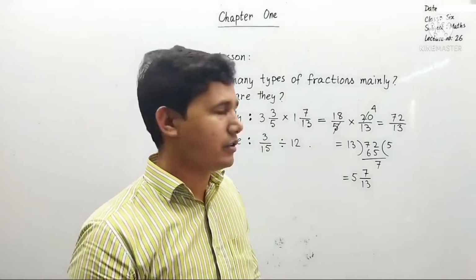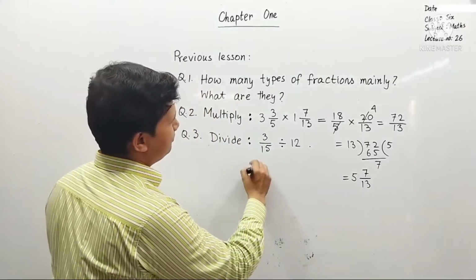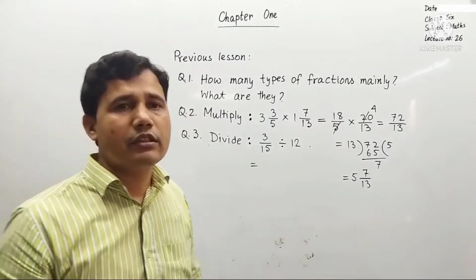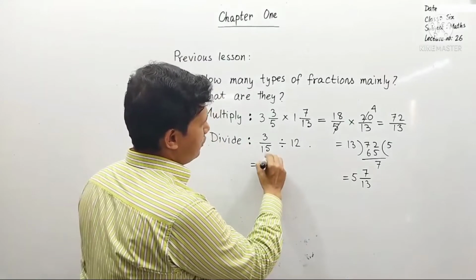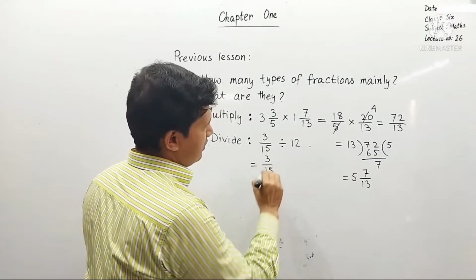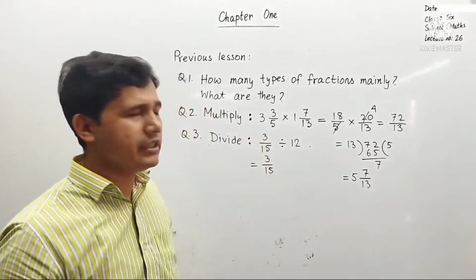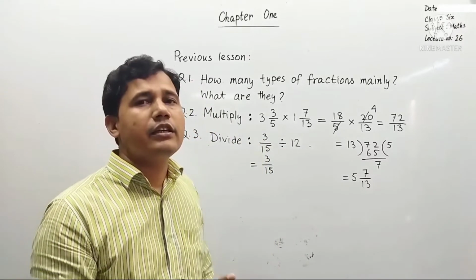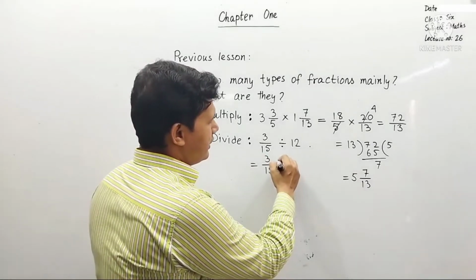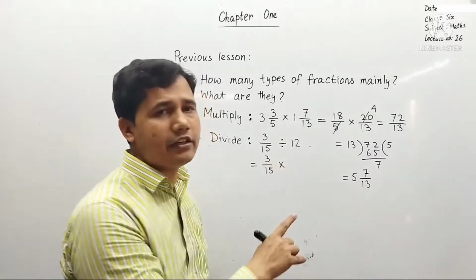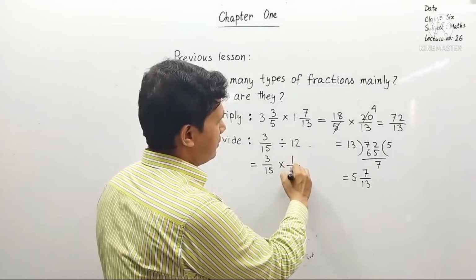Okay, good. Then division. Question number 3. You will match with me. At first 3 by 15. Instead of this division sign, you will write its reciprocal. Its reciprocal is multiplication, and the reciprocal of 12 is 1 by 12.